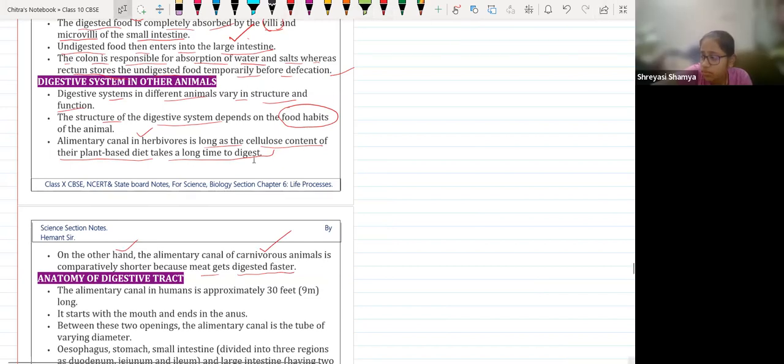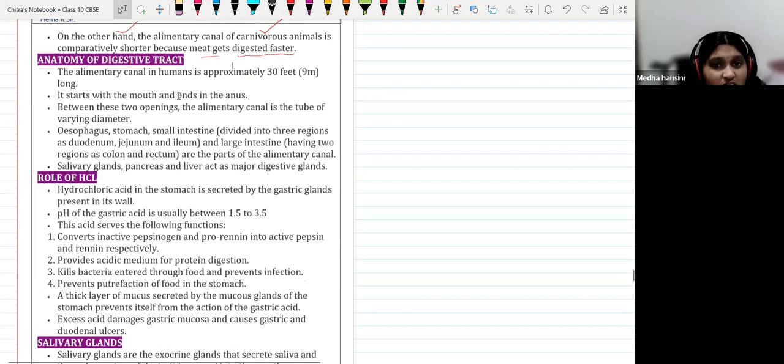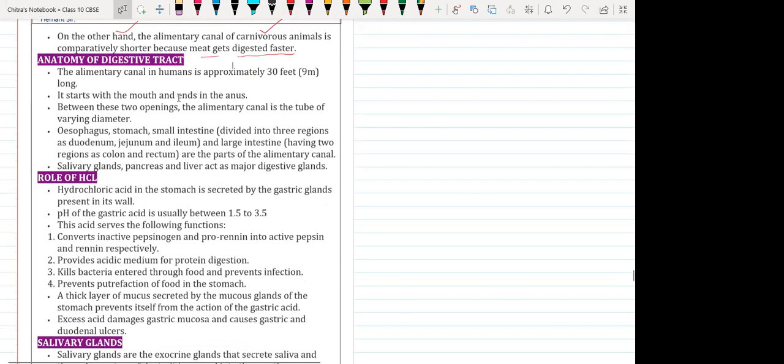Now, anatomy of the digestive tract. Do we have anatomy in our syllabus? No, sir. Just check once, beta.